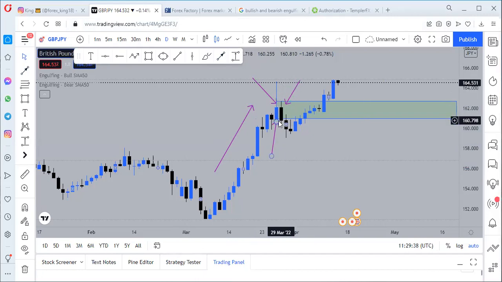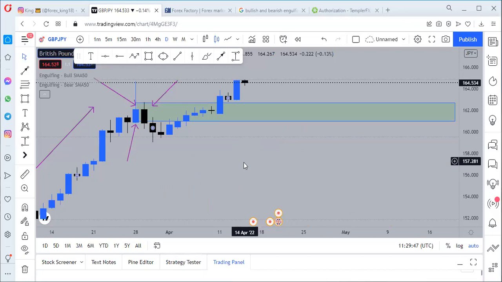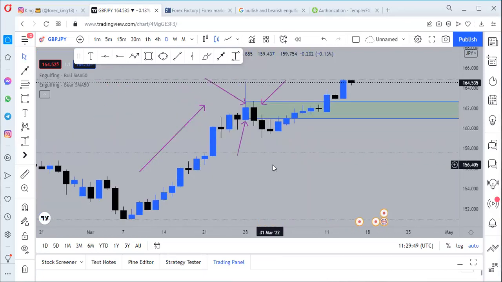But this bearish engulfing which occurred here just closed a few centimeters away. We don't consider this one a stronger one. If you take it, you're taking only small pips.